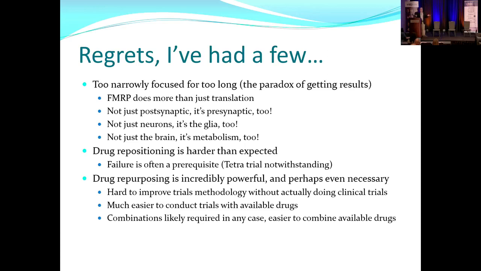So now we're using a drug that we know doesn't work. And that's a problem. But then again, the tetra drug that gave us those nice effects that I showed you, the phosphodiesterase inhibitor was in large-scale trials for Alzheimer's disease. And they just took a risk on Fragile X because we had really compelling preclinical data and a really nice package to show them. So drug repurposing is really powerful, and you should consider it at every opportunity.